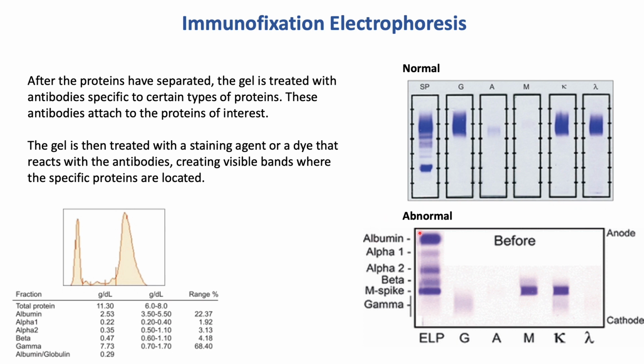So, in case of an abnormal condition, like multiple myeloma, where there's abnormal IgM, you would find lighter IgG, absent IgA, and darker IgM. So, through this, you can identify the abnormal immunoglobulins. So, that is the principle behind this assay.